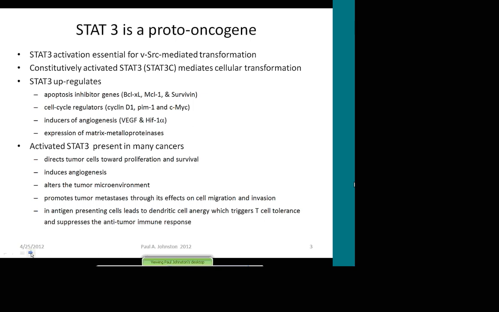Thank you. Okay, so the reason we're interested in STAT3 is there's a large body of evidence implicating STAT3 as a proto-oncogene. It's essential for v-Src-mediated transformation, and if you make a constitutively active form of STAT3, it mediates cellular transformation.